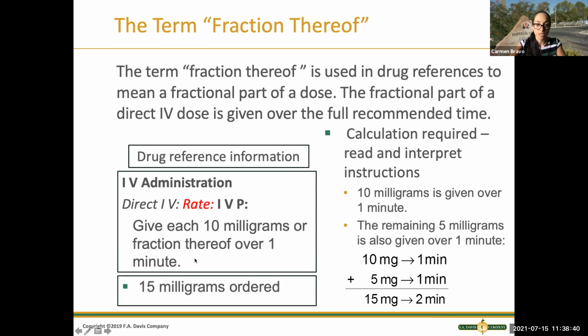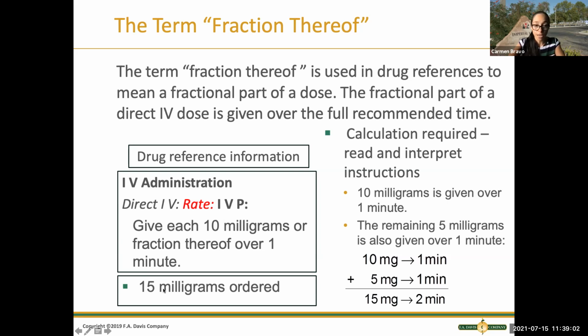So this is another example here. If the doctor ordered 15 milligrams of a medication, and the literature tells you to give each 10 milligrams over 1 minute, or fraction thereof. So you have 15 milligrams.